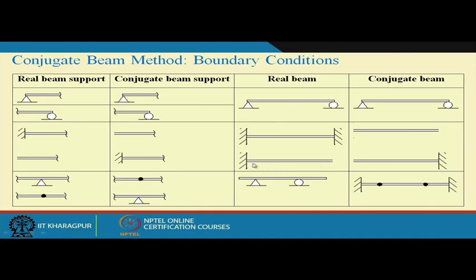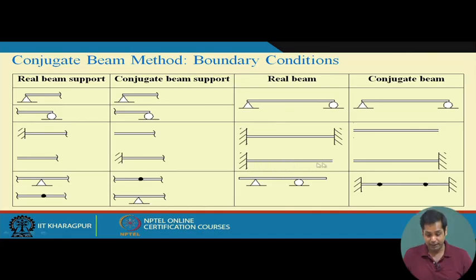If it is a cantilever real beam, the fixed support becomes free and the free end becomes fixed. So, if this is the real beam, the conjugate beam will be the mirror image of this.